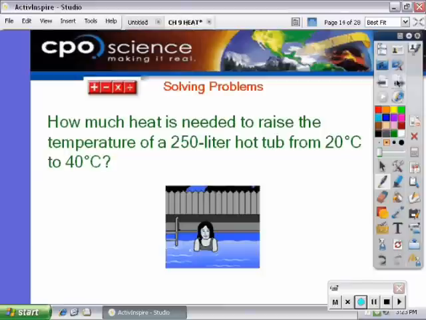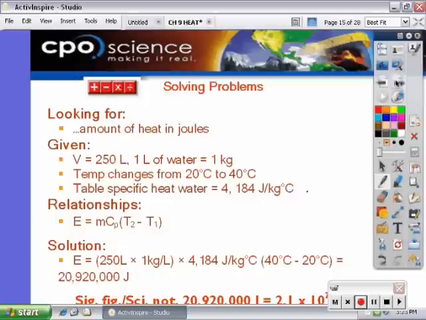So here's an example problem. How much heat is needed to raise the temperature of a 250-liter hot tub from 20 degrees Celsius to 40 degrees Celsius? So we're looking for the amount of heat in joules. We know the volume is 250 liters, and 1 liter of water is equal to 1 kilogram of water, or 1 milliliter is equal to 1 gram.